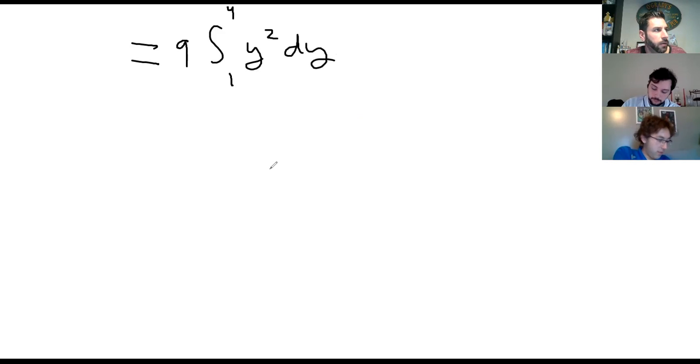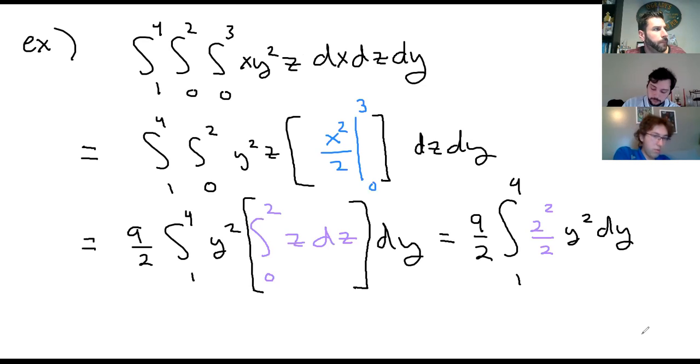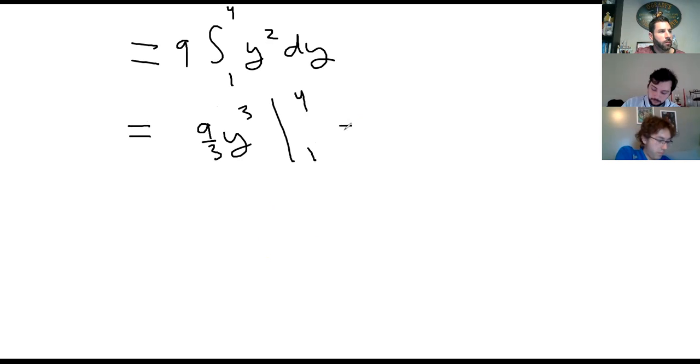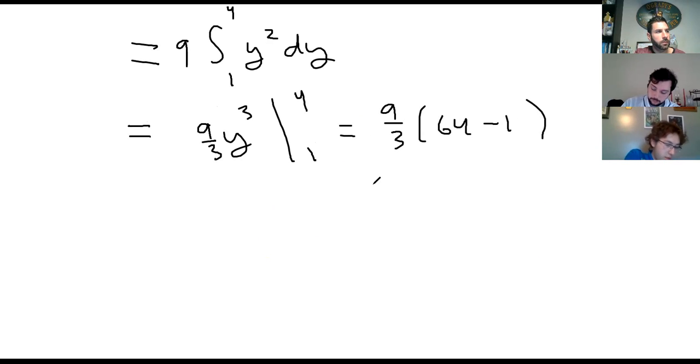Let me double check. Is it 1 to 4? Yeah, 1 to 4. This is a pretty straightforward integral. You get 9/3 y cubed from 1 to 4, so you're left with 9/3 times 64 minus 1.